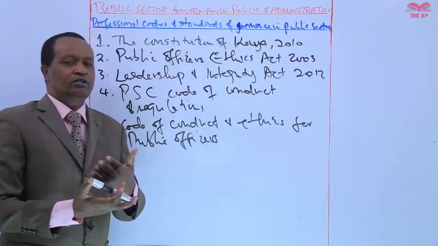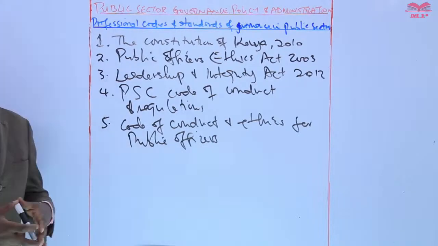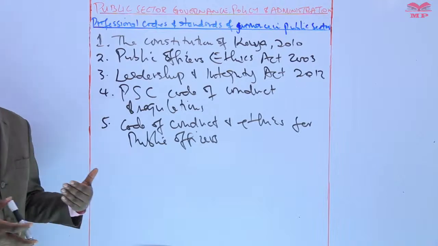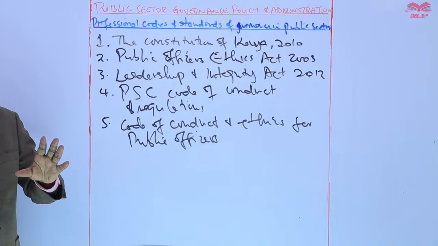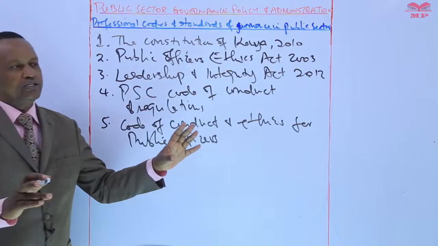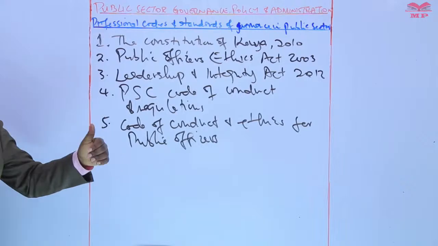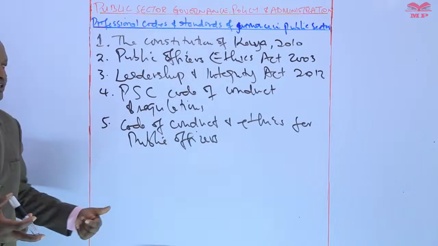This code covers issues such as gifts and hospitality. It covers areas such as the use of public resources and the kind of relationship that the public servants have or should have with the public sector.